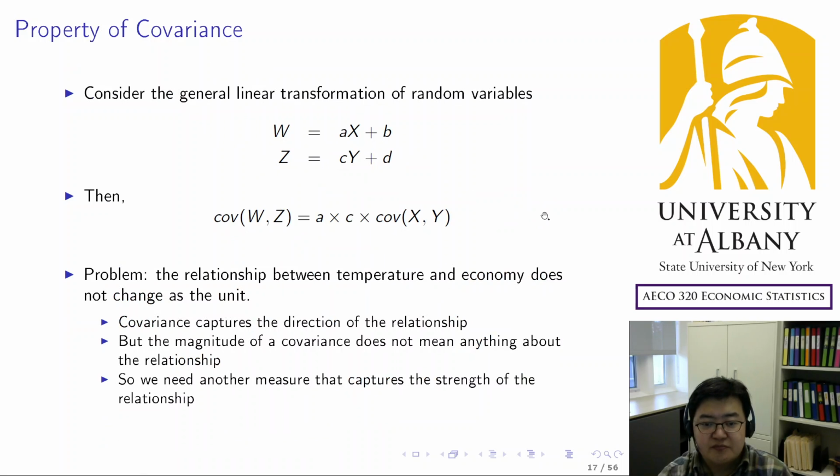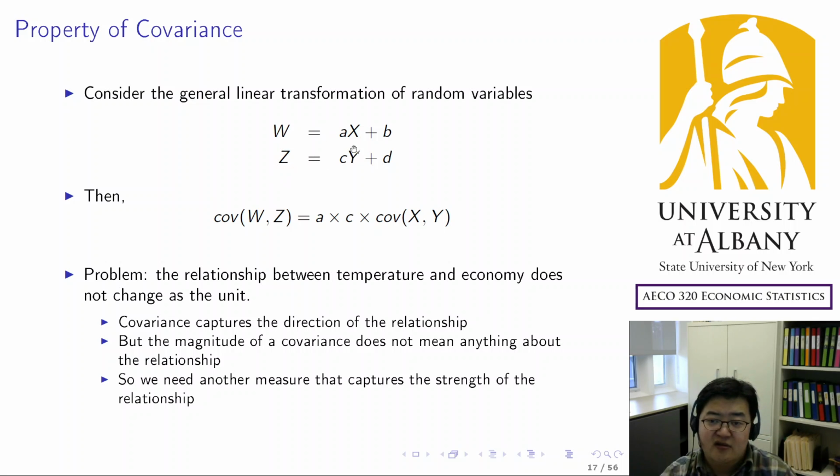So in general, we can think about this formulation. Think about a linear transformation. Suppose that we originally had X and Y, two random variables, but we transform X into W, and Y into Z. The original random variables are X and Y, but after linear transformations, we obtain W and Z. They are a new pair of random variables.